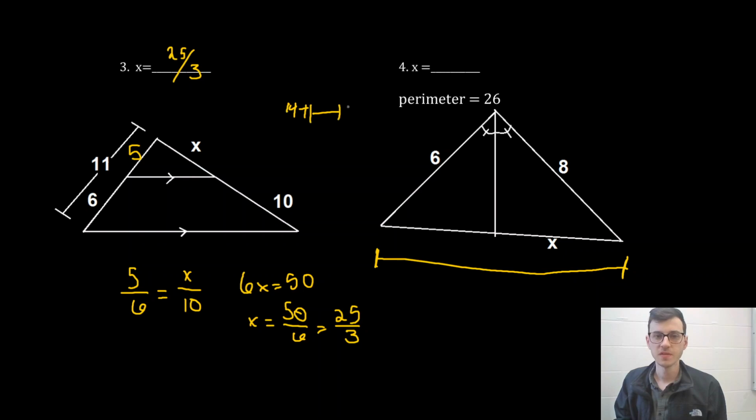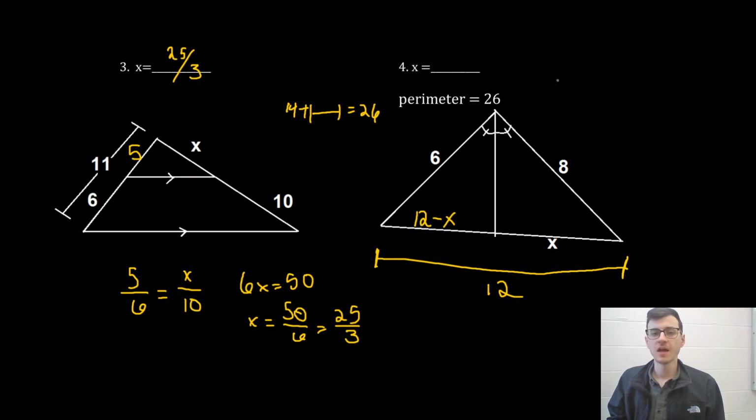So 14 plus that side length is 26. That means this side length is 12. Right? 26 minus 6 is 20, minus 8 is 12, okay? So then this length right here, just like I did above, is 12 minus x, because this plus x is 12.